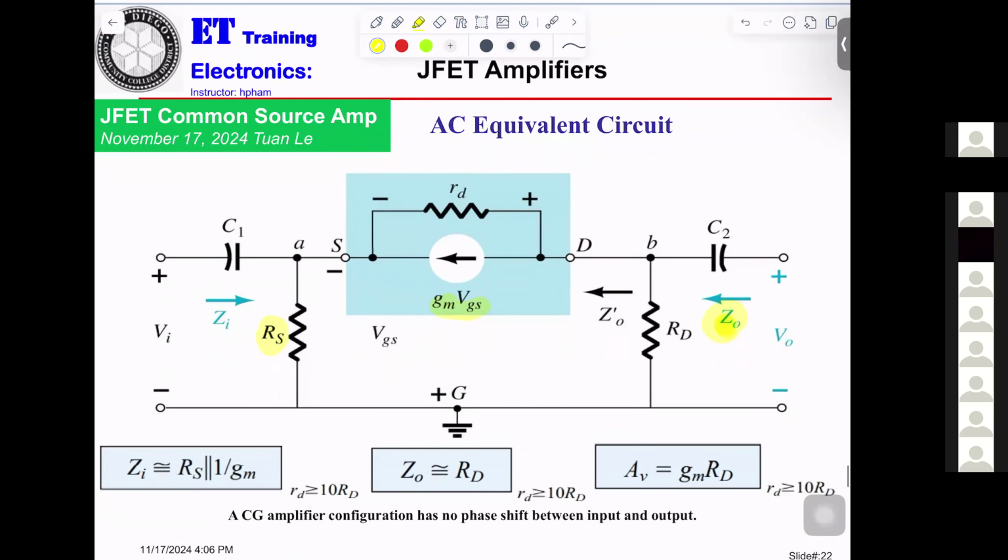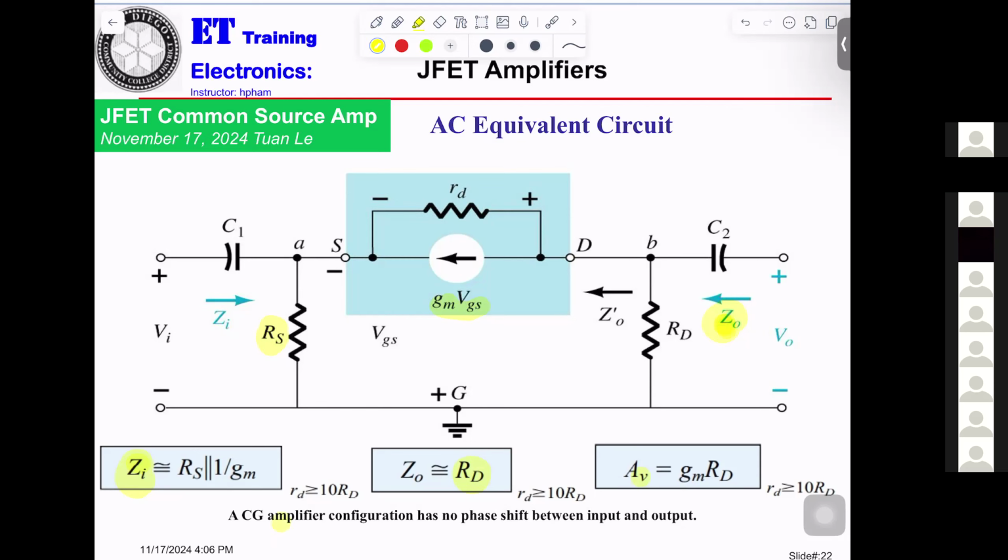They also gave you the formula. The input impedance Zin will be equal to RS parallel to 1 over Gm. Output impedance in this case equals RD. And this is the gain, Gm times RD.